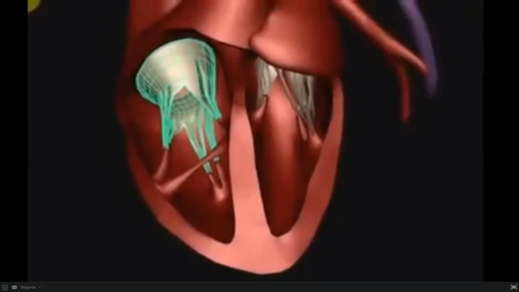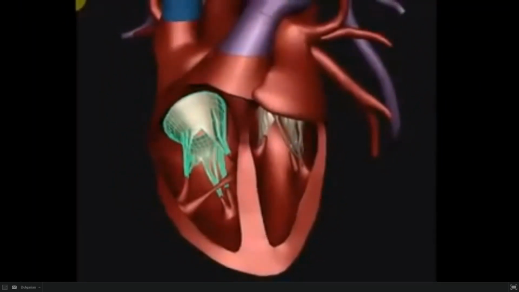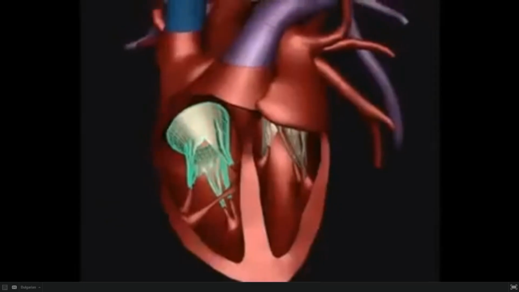From the atrium, it goes to the right chamber. All that right part of your heart only carries non-oxygenated blood. The atrium and the right chamber are separated with one valve. The valve has three parts, and that is why it is called the tricuspid valve.